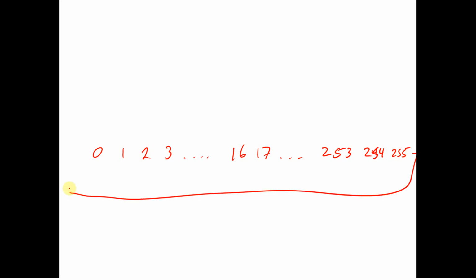So if we have our timer counting up, let's say 16, 17, 253, 254, 255. And then it could either reset back down, and there's two modes. One, it just resets. In the other, it starts counting down.